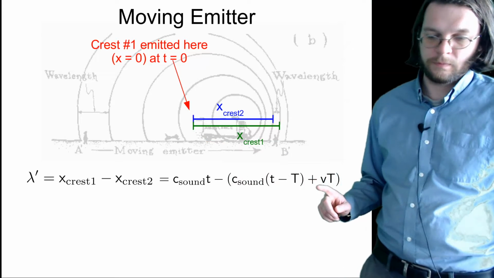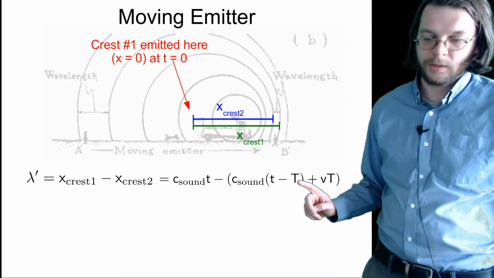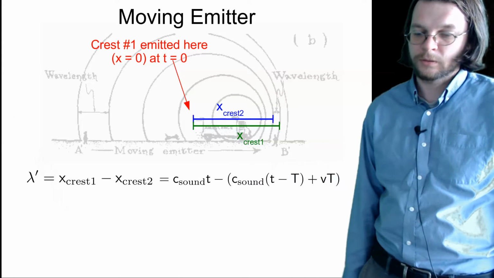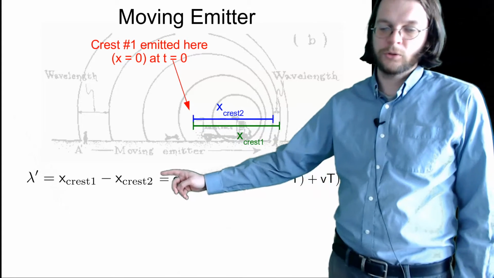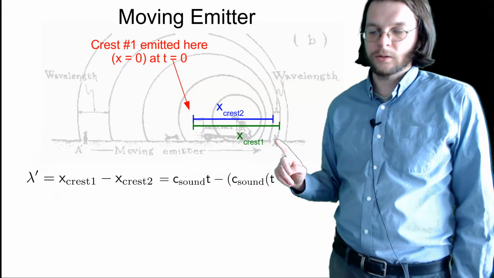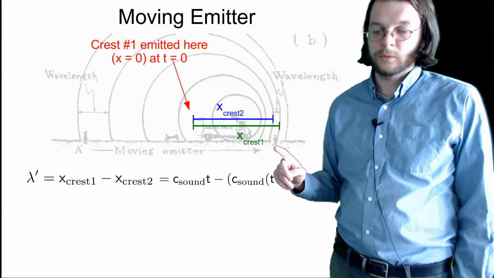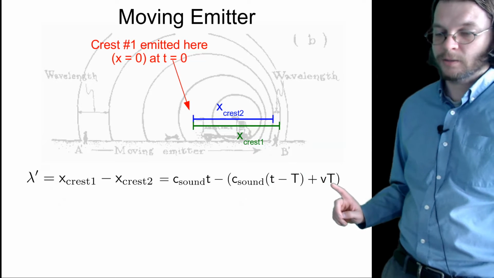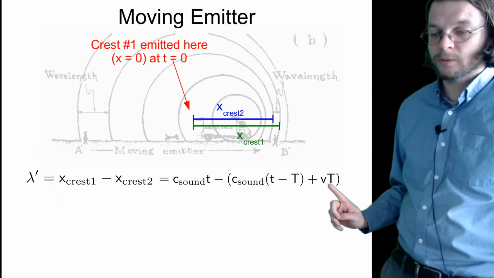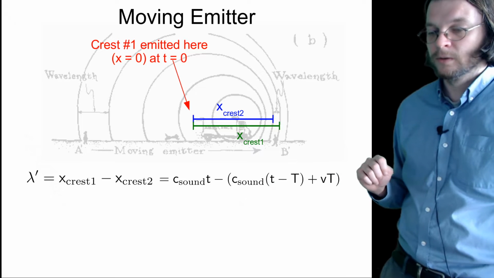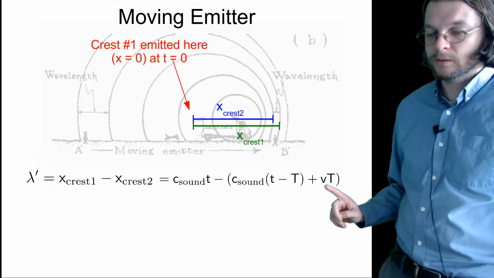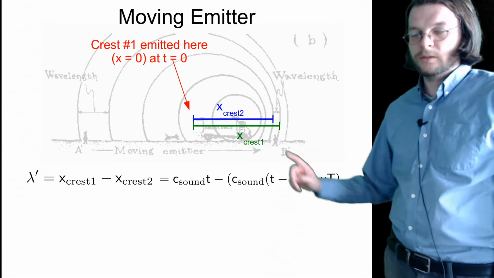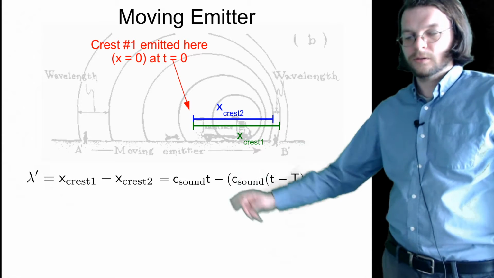But over that period of the wave, the ambulance has now moved some distance closer to us. And so this crest number 2 is closer to our little observer than it would otherwise be if the ambulance was at rest. And so we can just put that in as the velocity times the time. What's the time that matters here? Well, it's the time between crests of the waves, is how far this ambulance has moved. And so as a result, these two things are a little closer to each other than they were before.